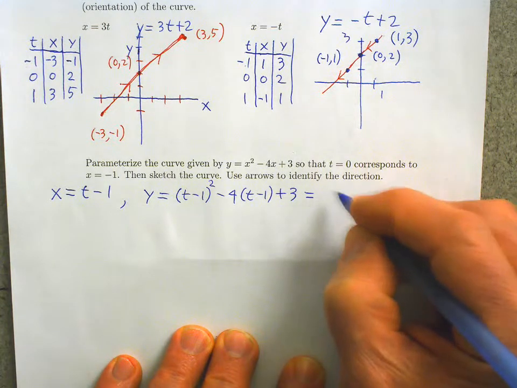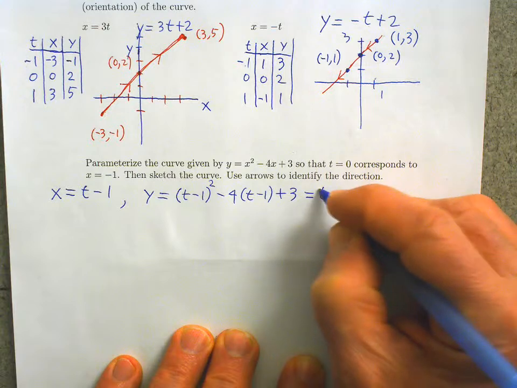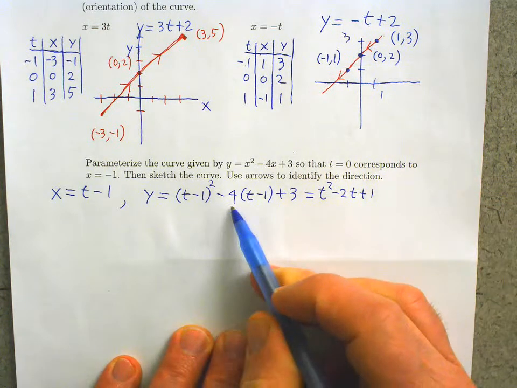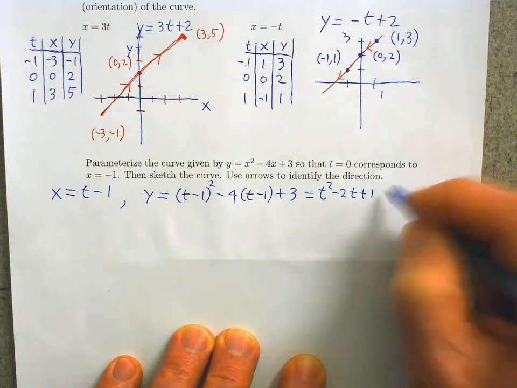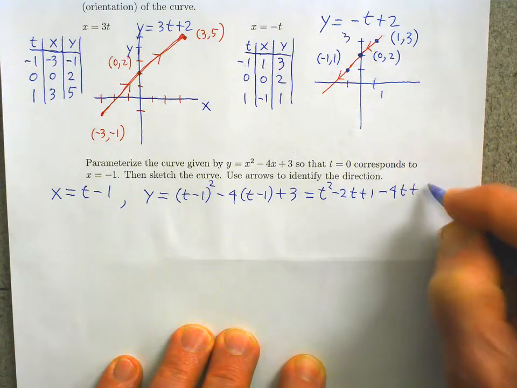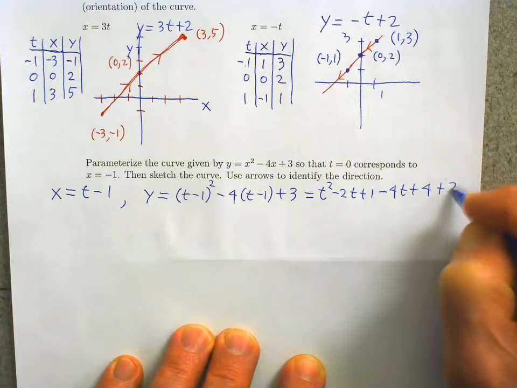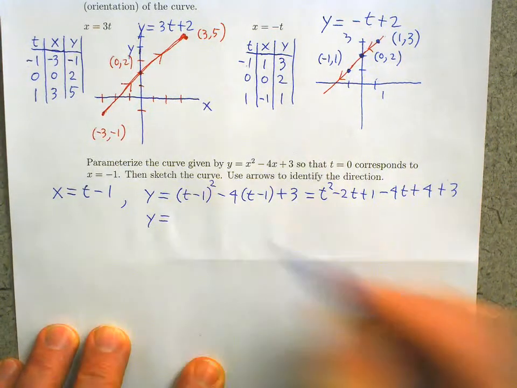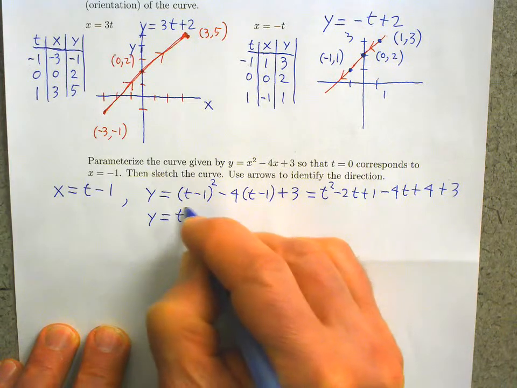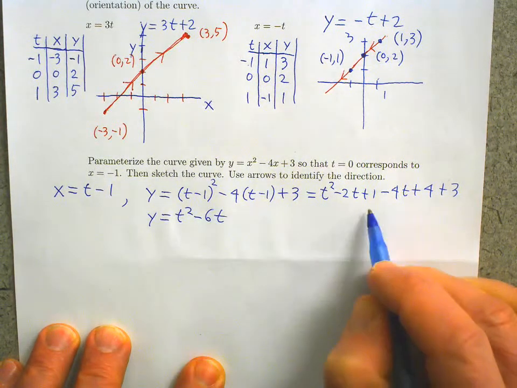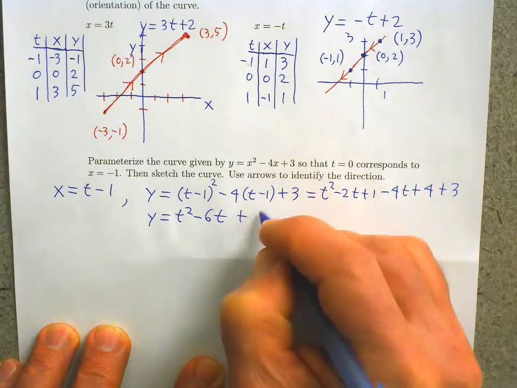So when we square t minus 1, we get t squared minus 2t plus 1. And then minus 4 times the quantity t minus 1 is minus 4t plus 4 plus 3. And so we get y equals t squared minus 6t plus 8.